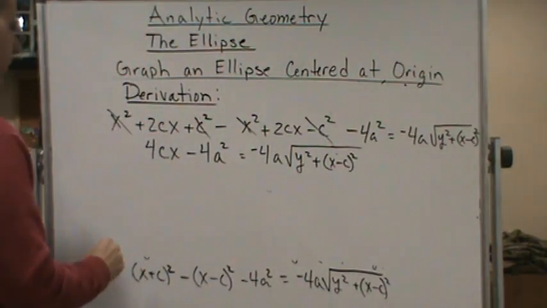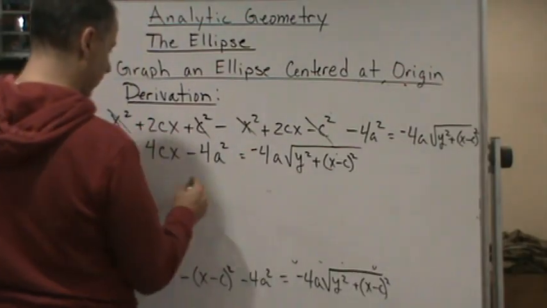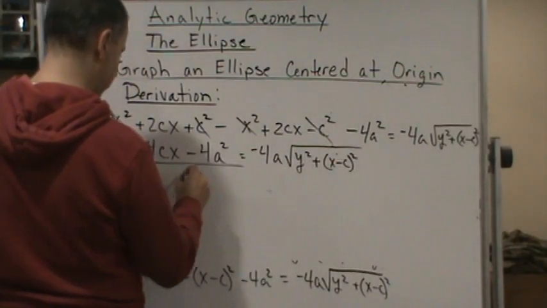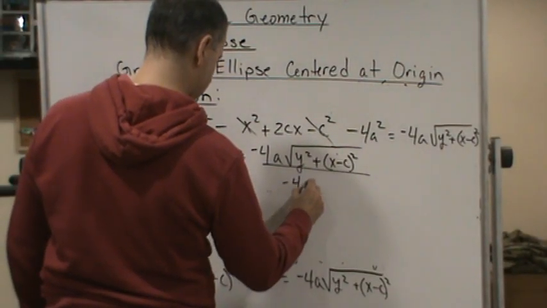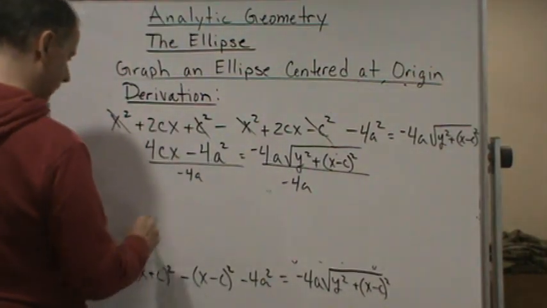All right, so now we're going to divide both sides by negative 4a.